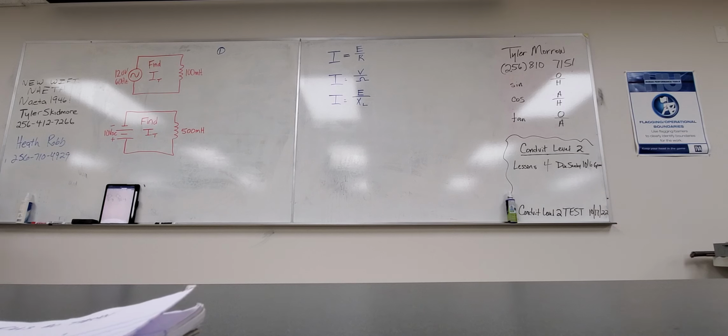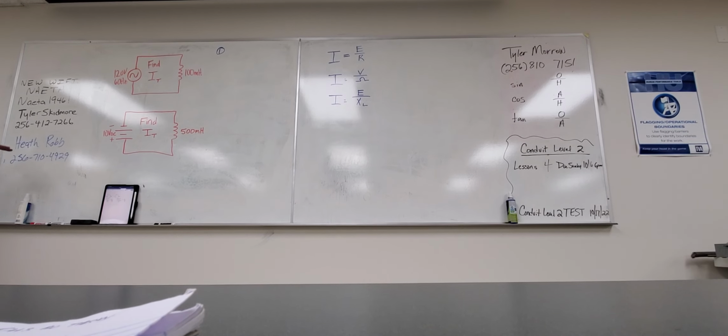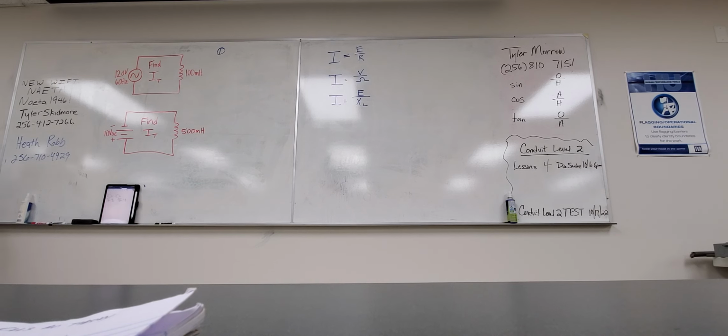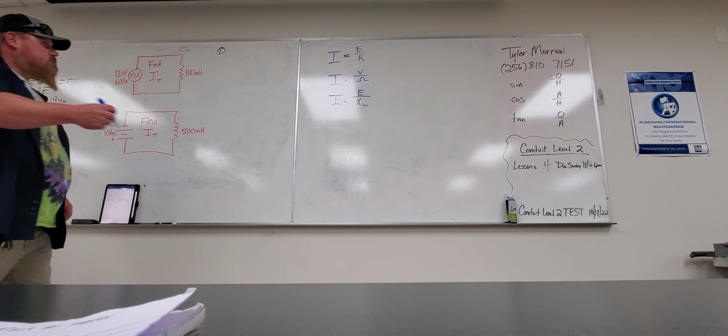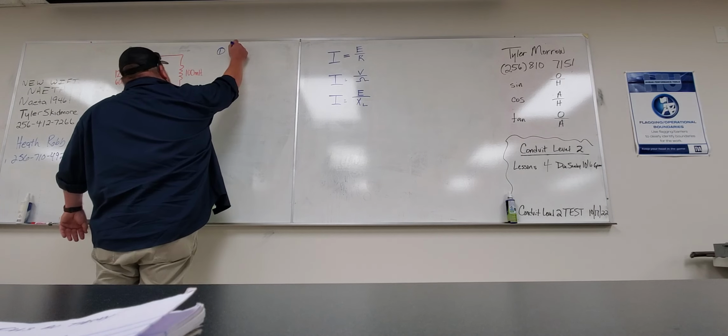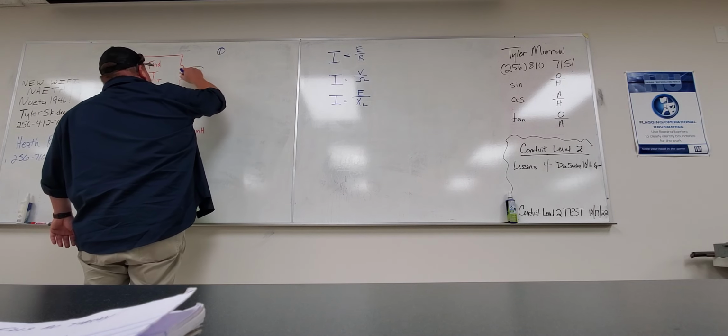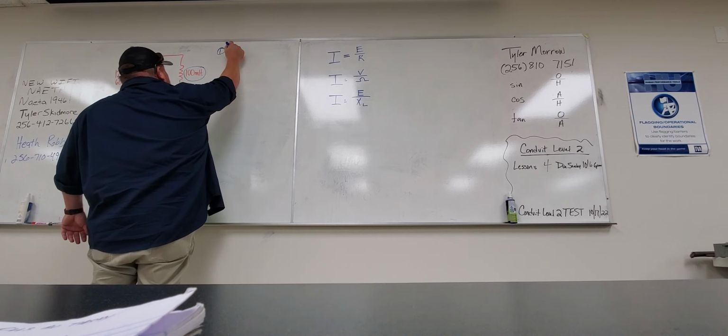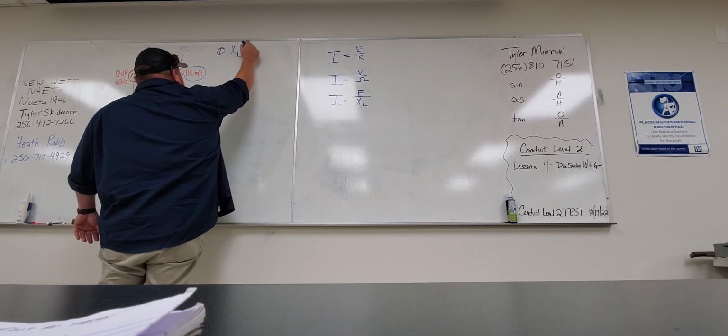So it does zero good for us to have an inductor when we're trying to figure out current without doing something to it first. Our first step, we have to convert this right here into inductive reactance.